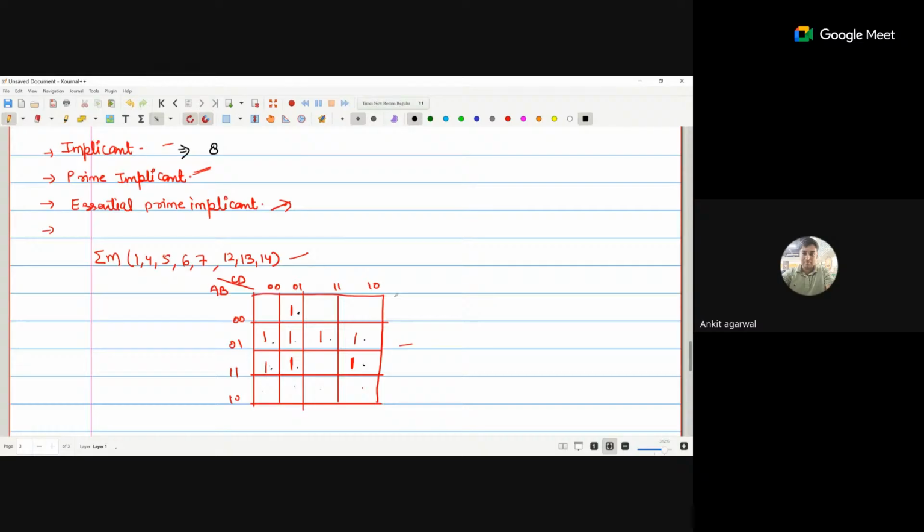Now we are going to create groups. One group is this one. One group is this one. One group is this one, and one group. So there are basically 4 groups.